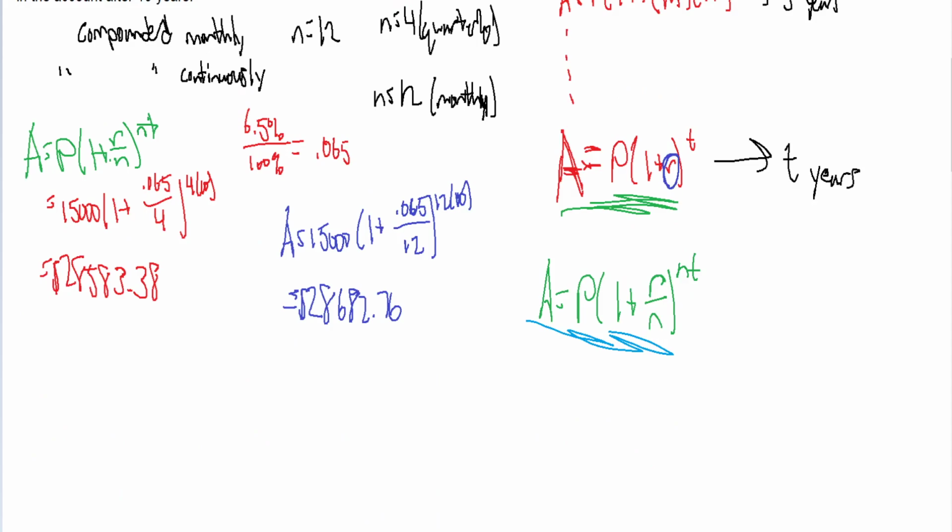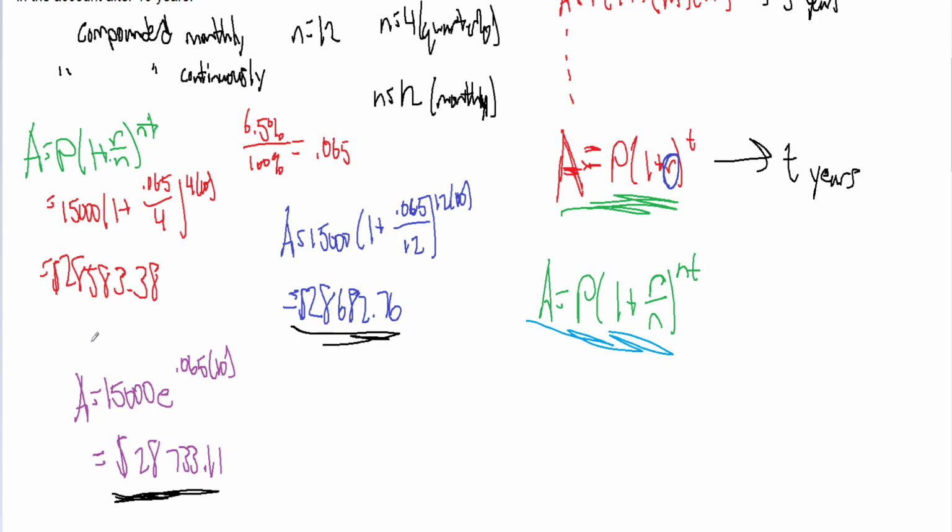So we have A equal to that 15,000 times e raised to the 0.065 times 10, and we end up with a final amount of 28,733.11.